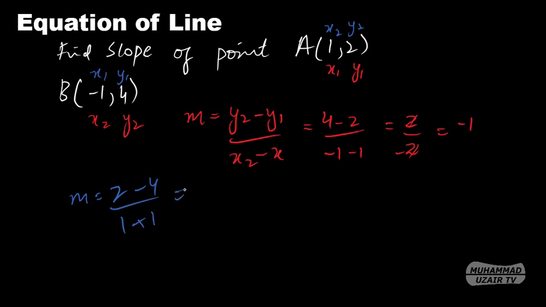So we will get minus 2 divided by 2, 2 cancel out, which is also equal to minus 1. So it doesn't matter if we select this first point and this second point, or this second point or this first point, the answer will be same, as you can see that.